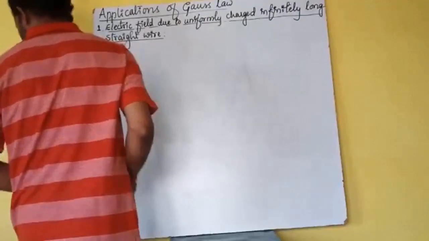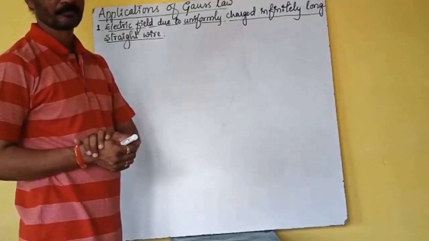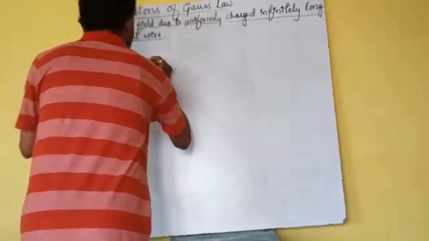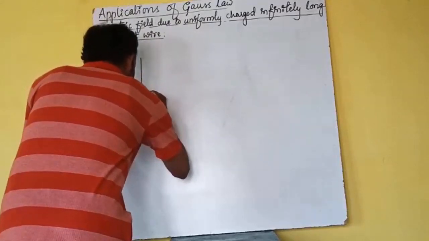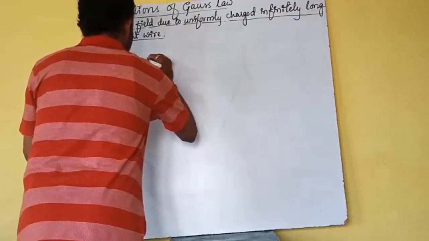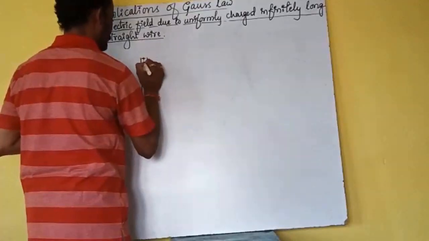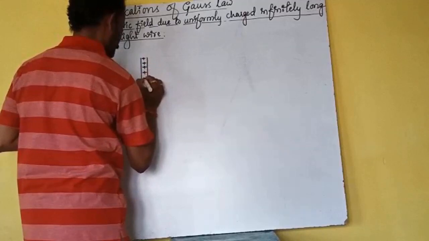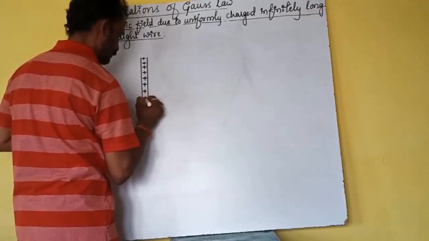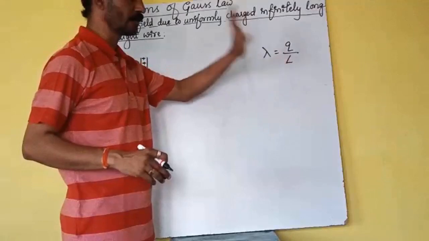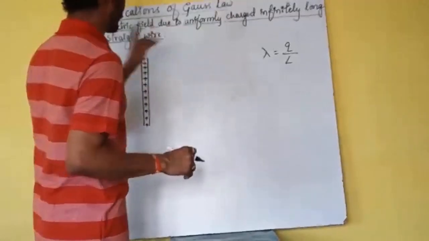For that, consider a uniformly charged infinitely long straight wire.